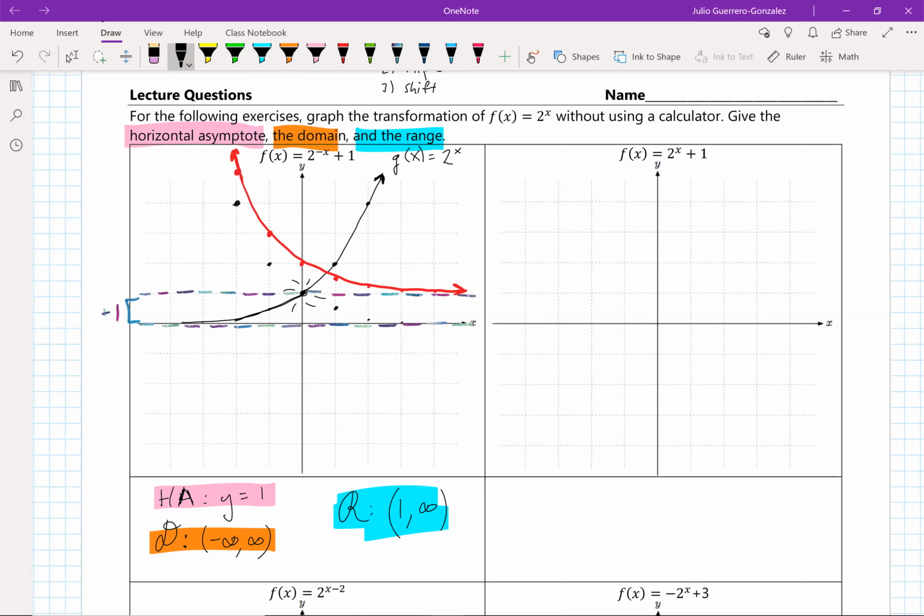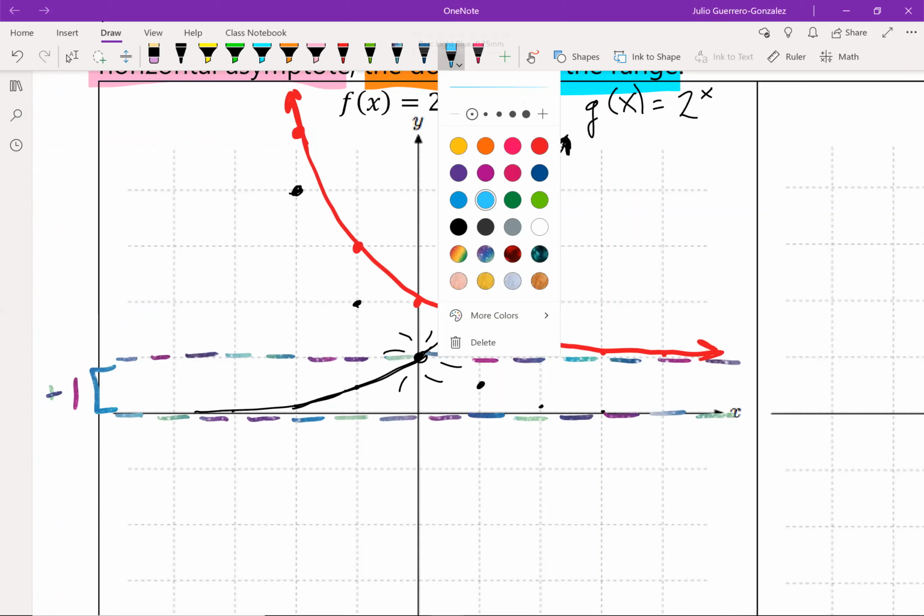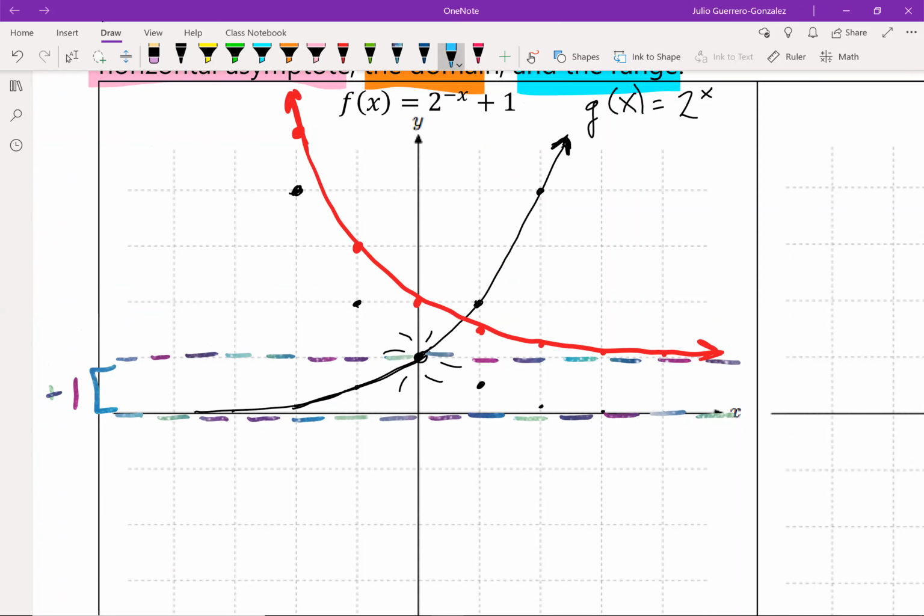So I was doing it based off of these points right here. Let me zoom in. I was doing it based off of the original points for the original graph, the blue ones.